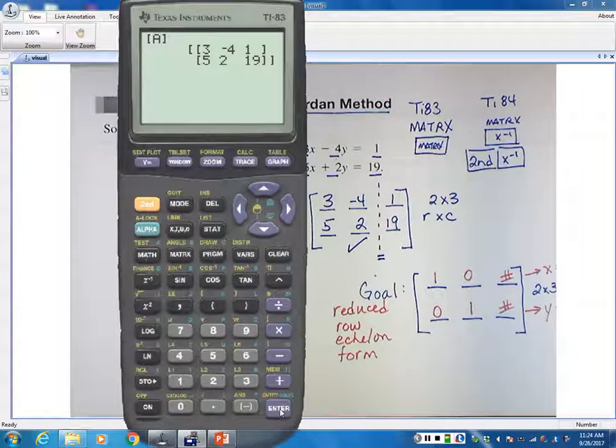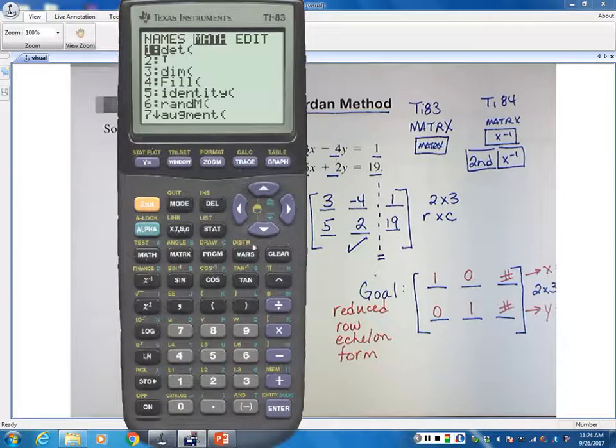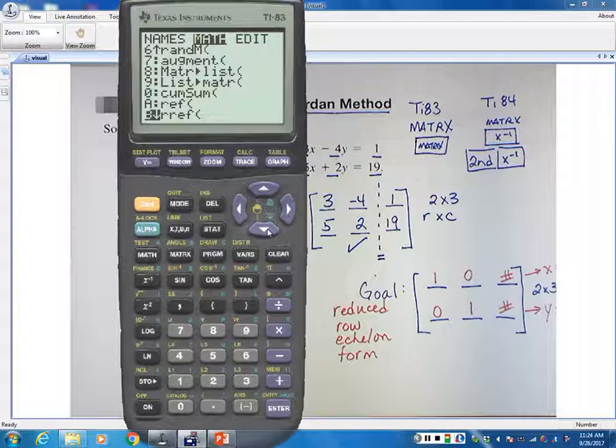The next step is going to do everything we've been doing all class period to this problem and tell you what the answer is. Get back to your matrix menu, go over to math, scroll down until you get to option B, which is RREF, that reduced row echelon form.